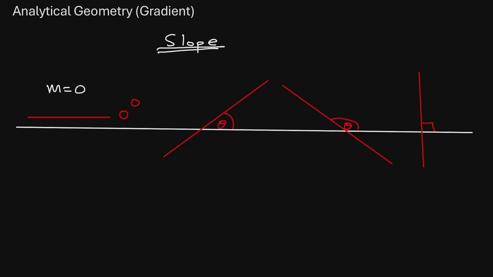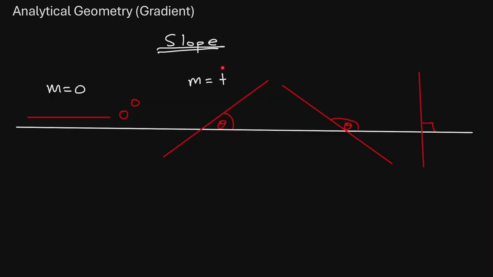But now, if we have a line that is increasing, this line is going to have a positive gradient. An increasing line is a line that, when we move from left to right, is going up. So this line is increasing, hence it has a positive gradient.